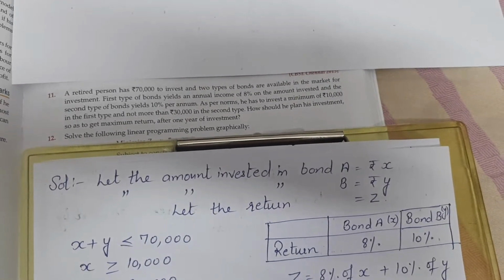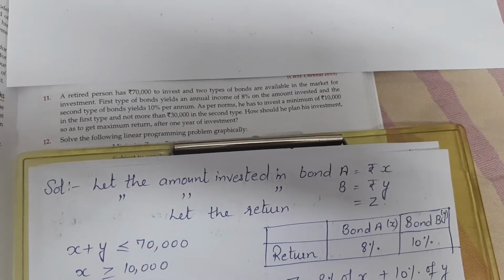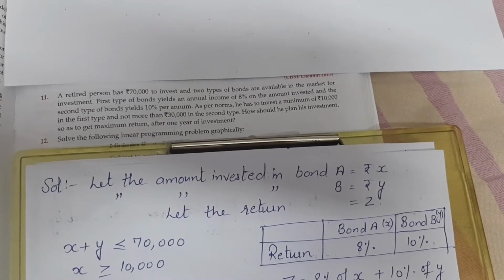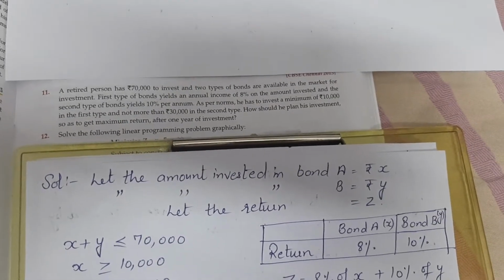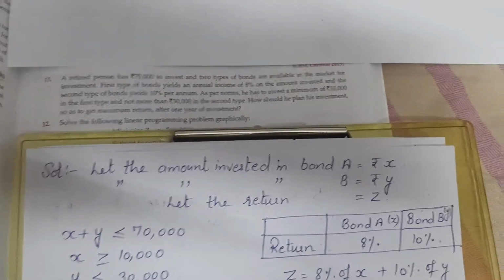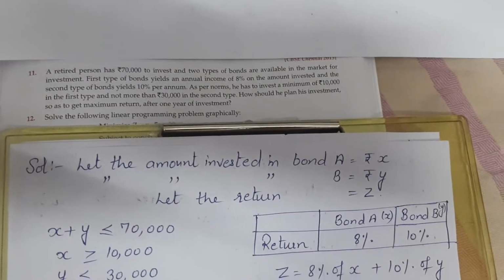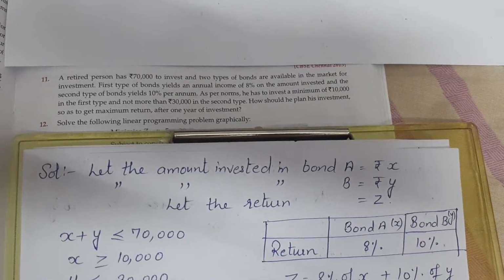Now, we are doing linear programming problems, and let's do the next problem related with investment. The question is, a retired person has 70,000 to invest, and two types of bonds are available in the market for investment.